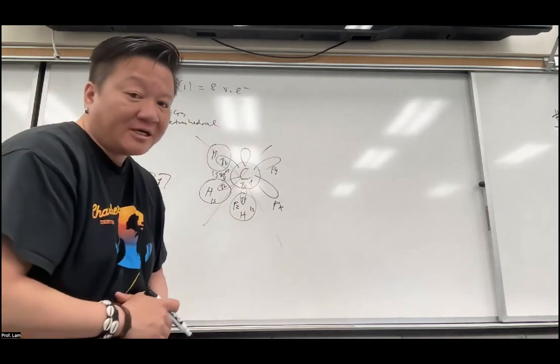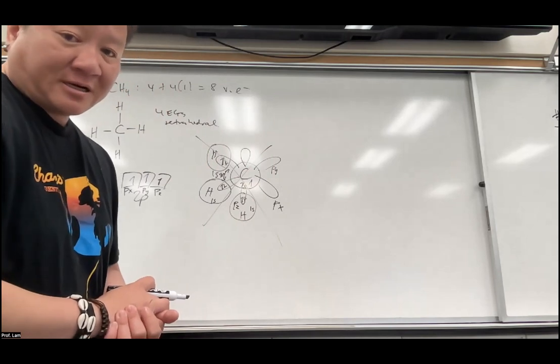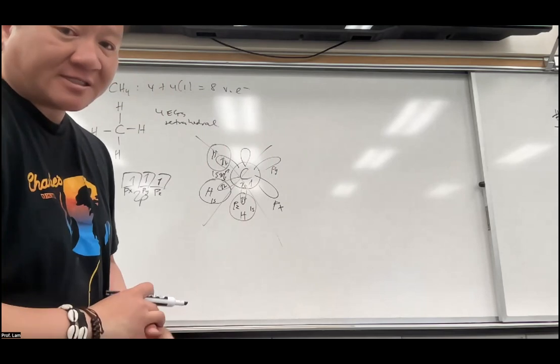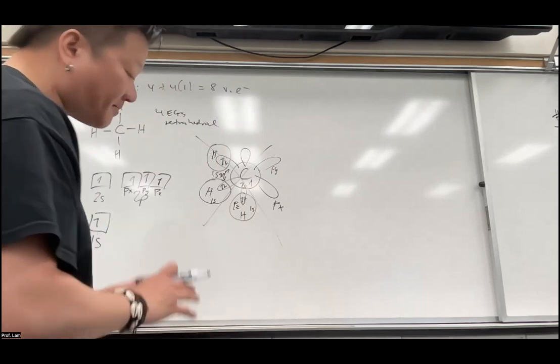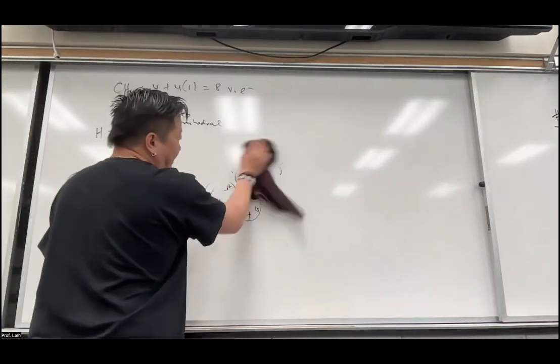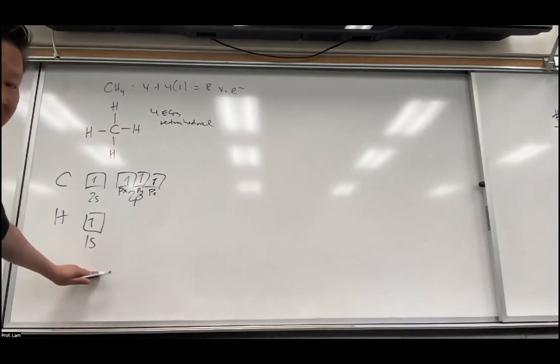So carbon cannot just use its own orbitals in order to make the bonds with hydrogen. It must first hybridize, okay? So now let's talk about what that is, okay? So we've already shown, can't do it, right? That was the point of that example, is that things need to hybridize.